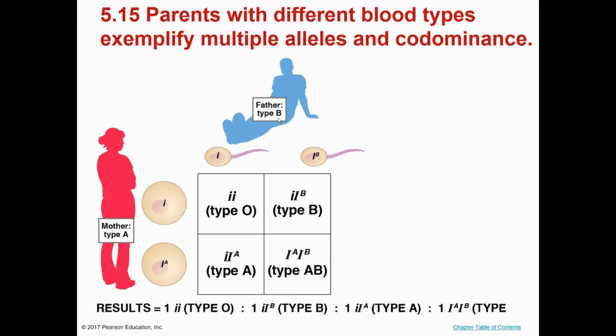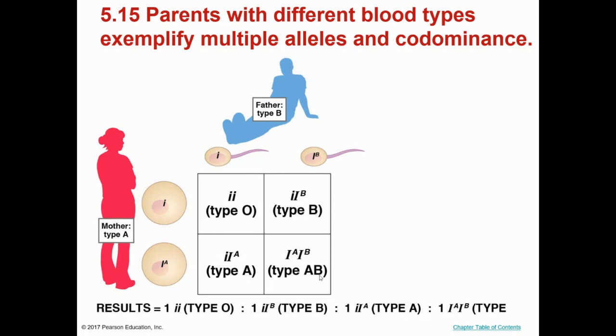If we know the father has type B, and it looks like the father is heterozygous because they have one B and one little i here, and the mother is type A, heterozygous, with the A and the i, then if we look here in the middle, the offspring could be type O, type A, type B, or type AB.